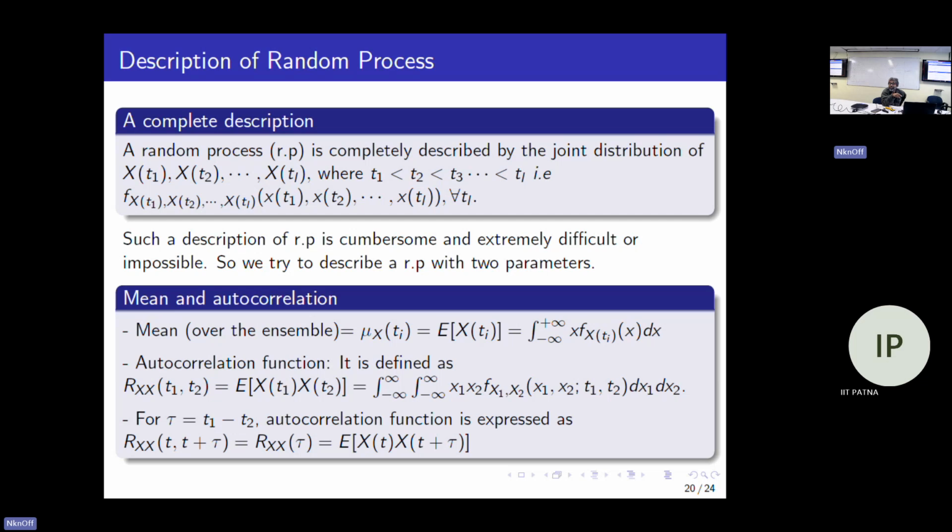You see that integration is going on. x(t1) is x(t), but you have to do x(t plus tau) and then take the expectation of that. Okay, it is scalar. If you integrate x1 x2 f over minus infinity to plus infinity, it will be scalar only.